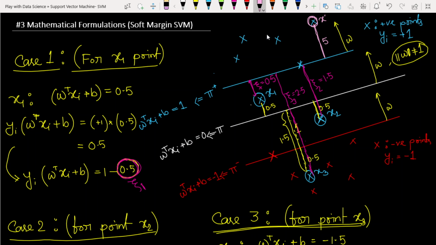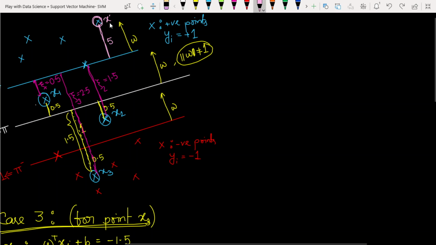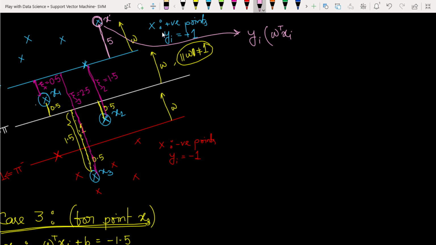Now what will be the value of yi, we are interested to calculate it. So I am calculating yi into w transpose xi, not xi here, it will be x dash, plus b.